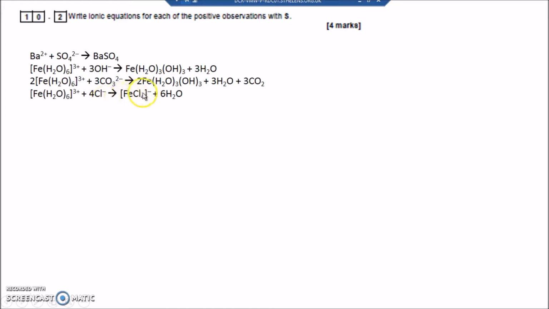I know it's -1 because I've got 4 Cl minuses. Cl is in group 7, so going to gain 1 electron and be Cl minus. So I've got oxidation state -1. I've got 4 -1s. I've got Fe3 plus, and 3 plus and 4 minus leaves 1 minus left over. It works so it balances, 1 minus on the right hand side with 3 plus and 4 1 minuses.